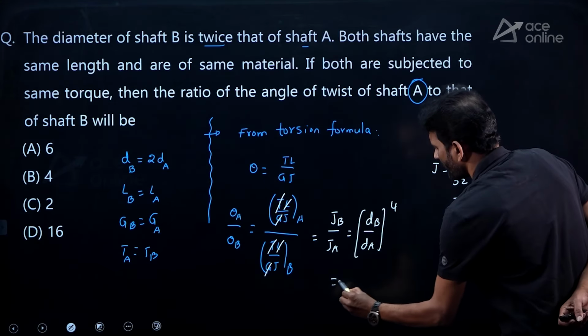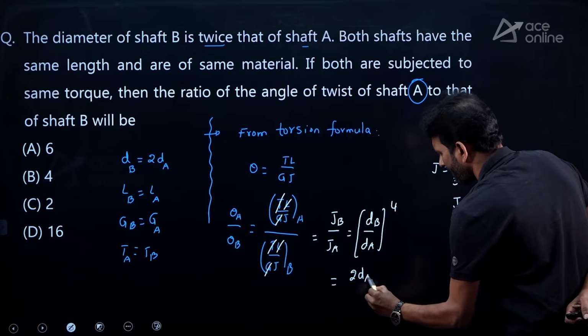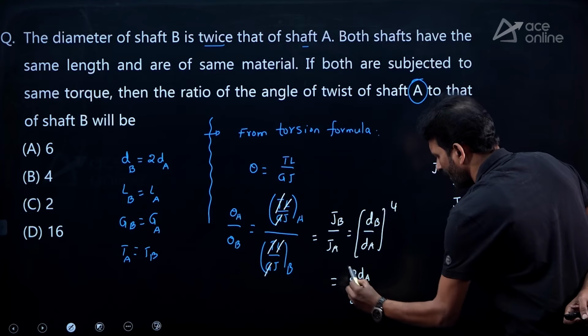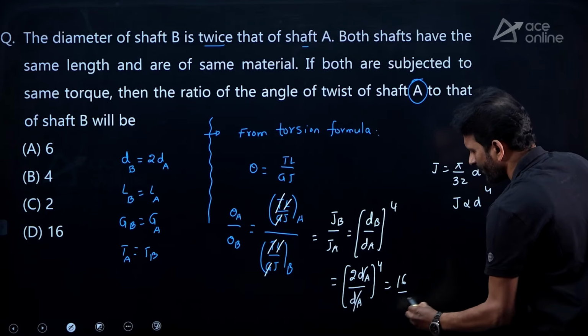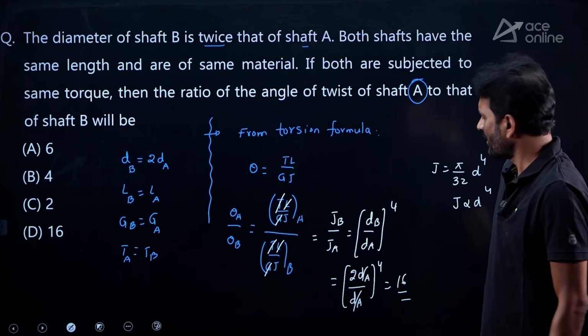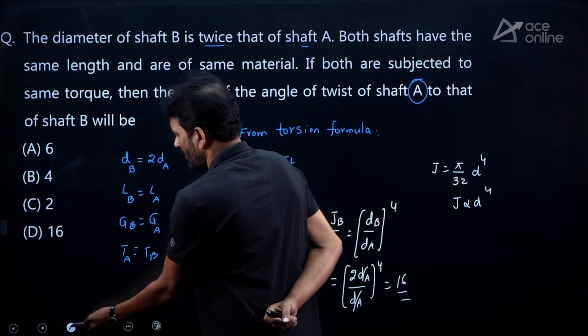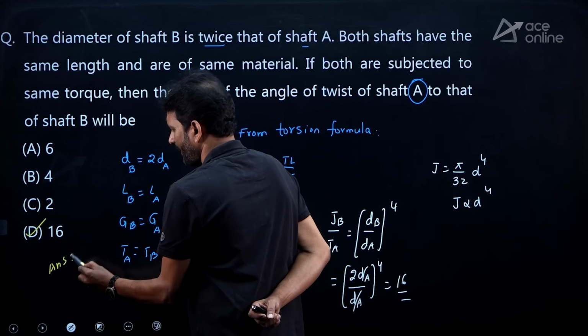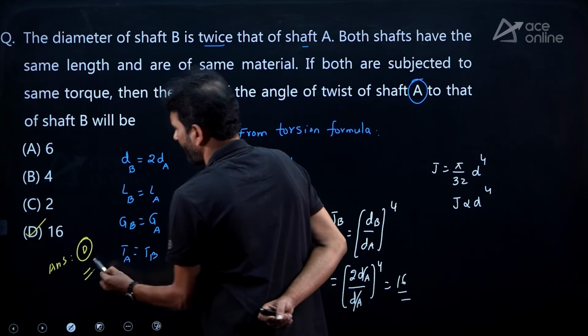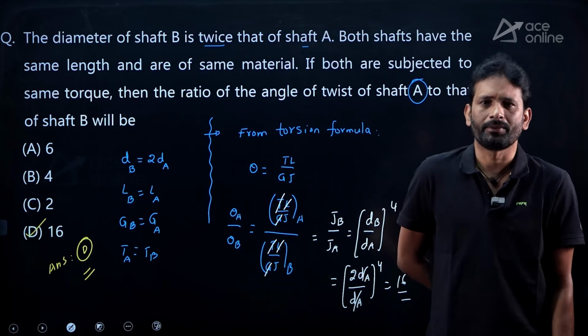DB is 2 times DA, divided by DA whole to the power 4. That is 16, no? That is the required answer. 16 is the required answer. So, option D is correct for this question. Option D. Hope it is clear to you.